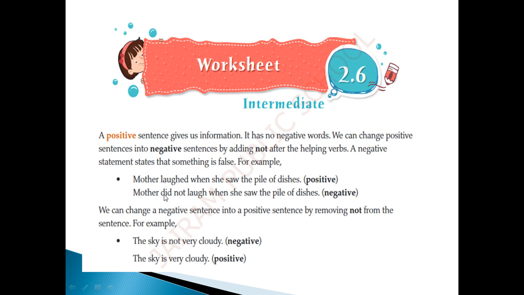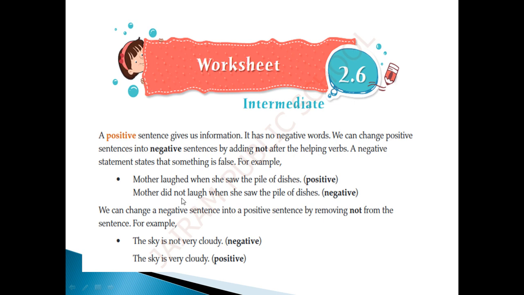Laughed is the past form of the main verb. So we have to select the helping verb which is also past. So did is a past helping verb. According to that status, we have found the helping verb should be past. When the past helping verb appears, the next main verb should be present.